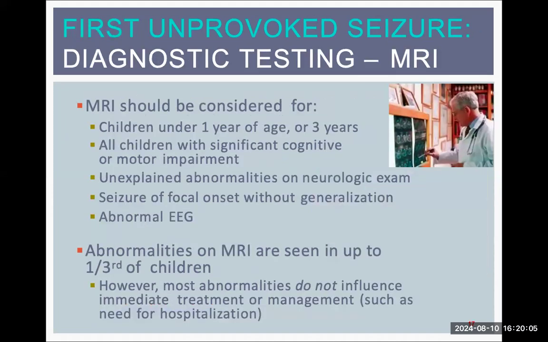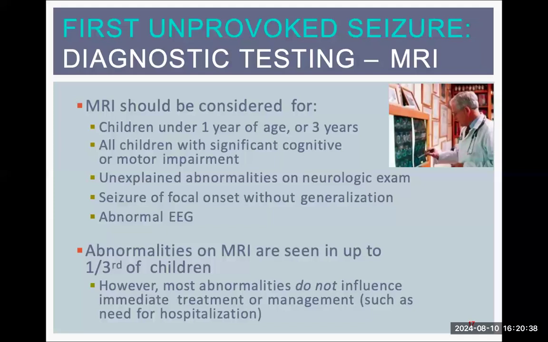So when do we need to do MRI? MRI should be considered in any child with significant cognitive or motor impairment, if the child is less than 1 year of age (other guidelines mention 3 years), if there is an abnormality in the neurological exam post-ictally, if there is focal onset without generalization, or if there is an abnormal EEG.